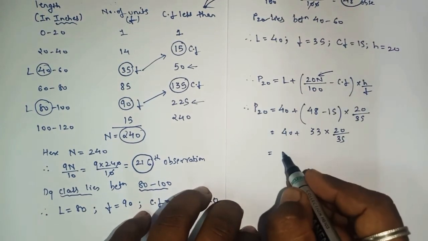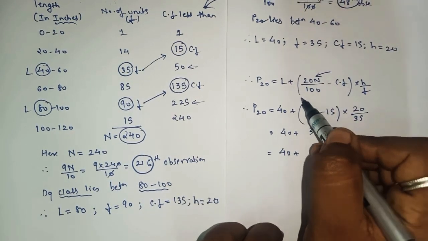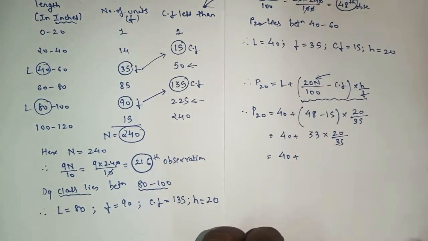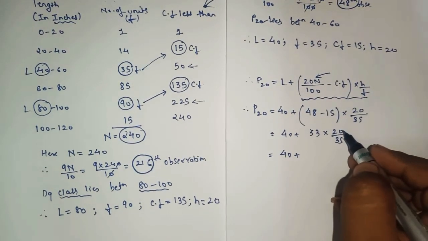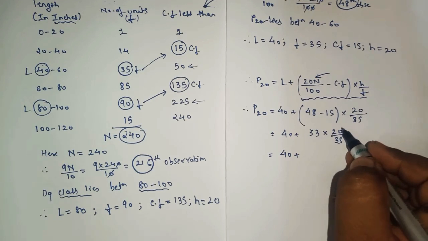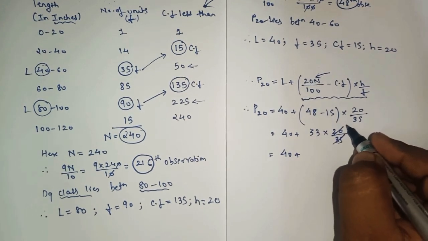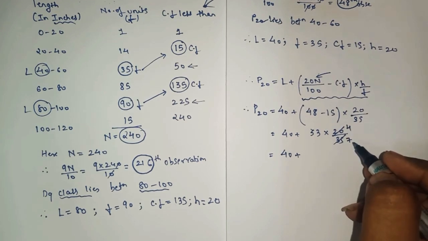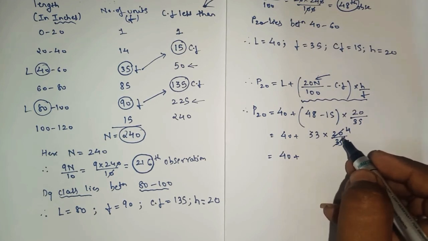We'll keep the value of L as it is till last. Whatever we have to do, we'll do with this section only: multiplication, cross multiply, cancellation, division. Clearly we can see that we can cancel this 20 and 35 by 5. 5 fours are 20, 5 sevens are 35, yes or no. So you're left with 33 into 4.